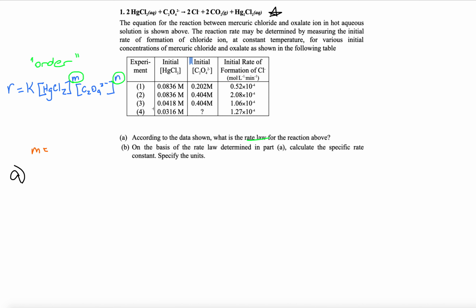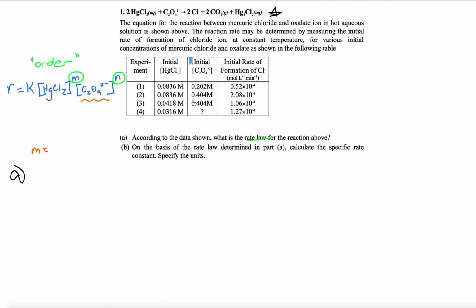And what I mean by that is I'm going to do a concentration of HgCl2 divided by a concentration of another one. So if I want to get HgCl2 by itself, that means I'm going to have to find values that make the C2O4 2 minus cancel out. And to find that, that means I need to have equal concentrations for C2O4.